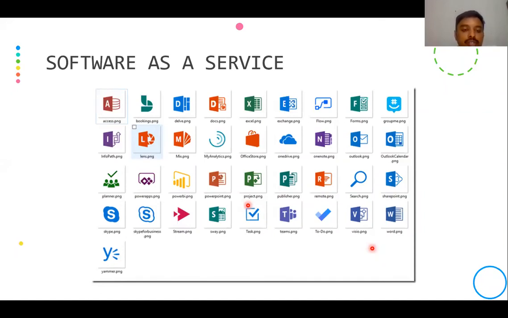Small correction, it is not available for free. It is available for a subscription. The Blender software itself is free, but the cloud infrastructure which helps the Blender software and interacts with it is a subscription service that you have to pay a nominal amount every month to utilize, right?